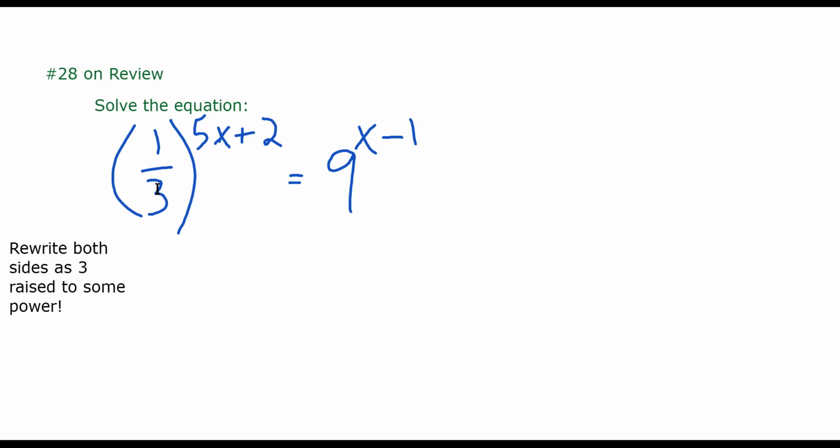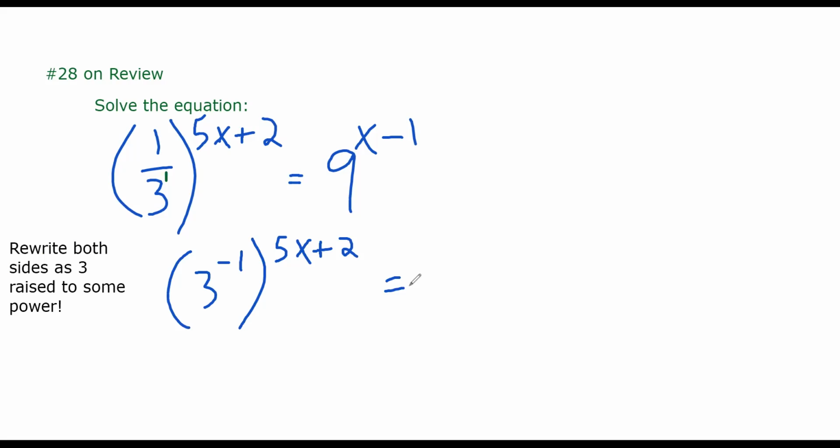Well, first of all, 1/3 here is really 1/3 to the first. We can actually use negative exponents here. And I can rewrite 1/3 as 3 to the negative first. And then there's still a 5x plus 2 power. That's going to be what does it for me.